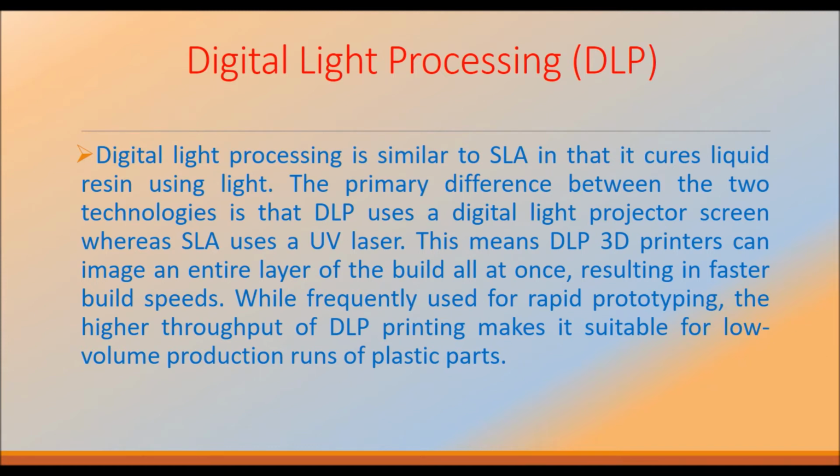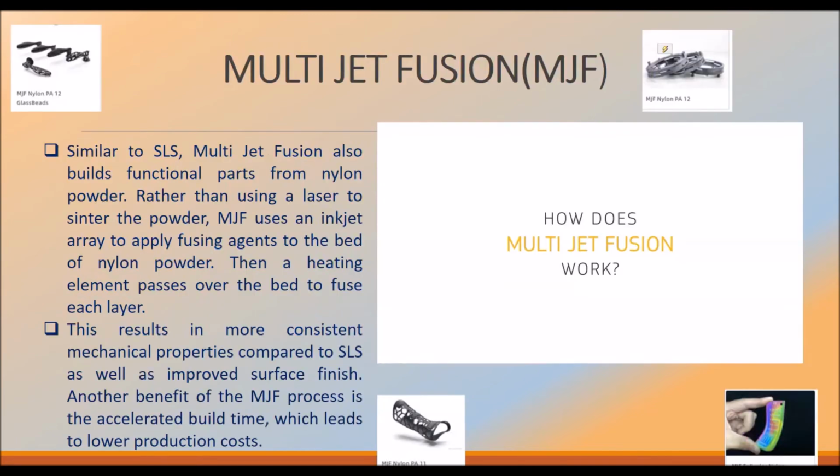This means a DLP 3D printer can image an entire layer of the build all at once, resulting in faster build speeds. While frequently used for rapid prototyping, the higher throughput of DLP 3D printing makes it suitable for low volume production runs of plastic parts. So this is about the DLP.